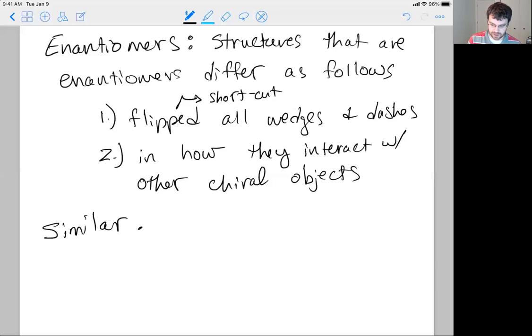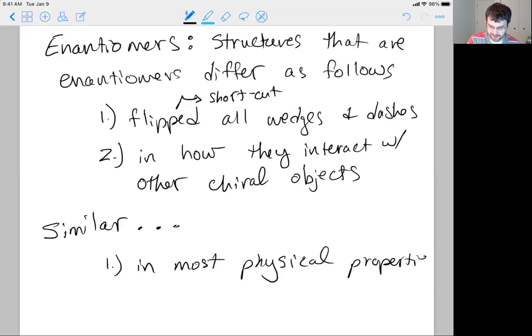Enantiomers are similar in ways that are very surprising. Okay, so these things are similar in most physical properties. This is sort of crazy. I should just cross that out, because similar kind of implies maybe it's different.